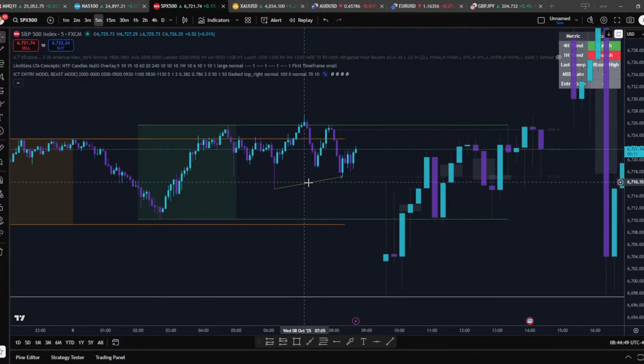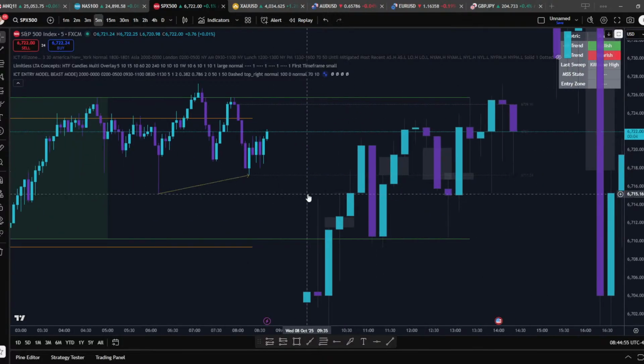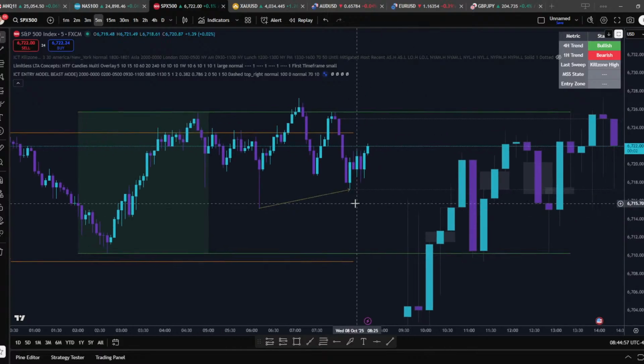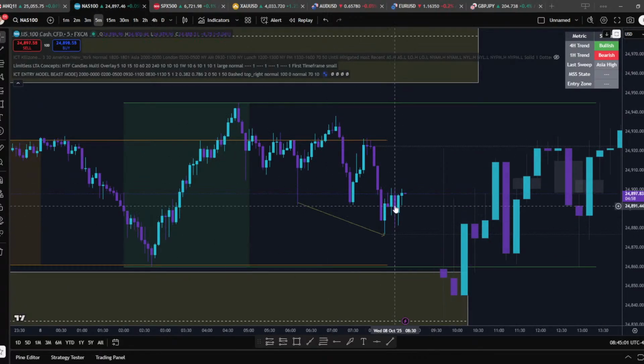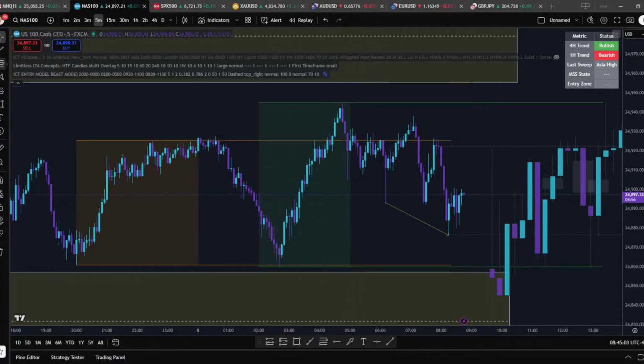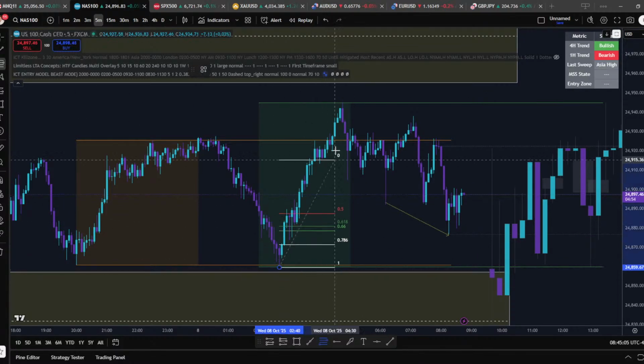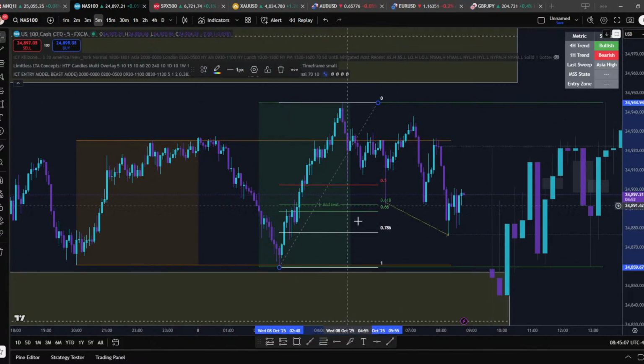But when you see these SMTs, that is when you need to anticipate longs. You need to anticipate longs, especially if you go like this and this, and you see that we're delivering from this area here. So longs is what I am looking for in terms of NASDAQ right now.